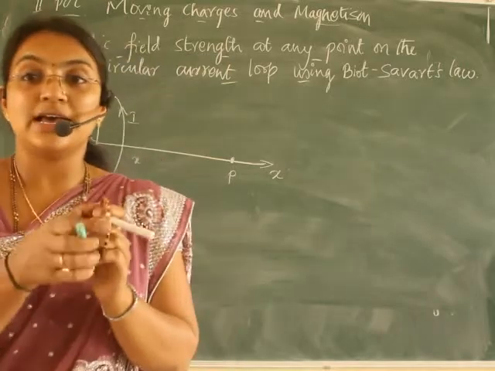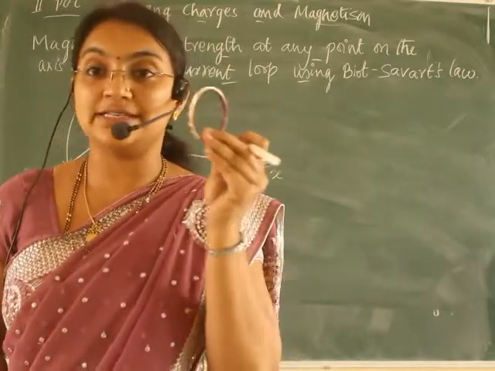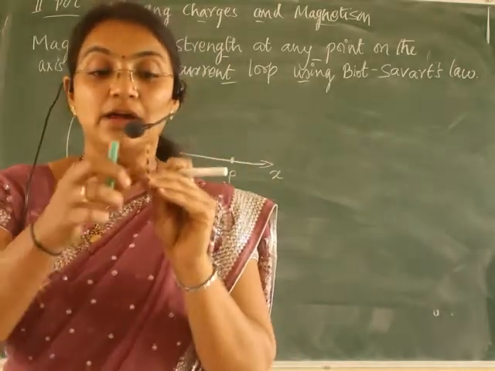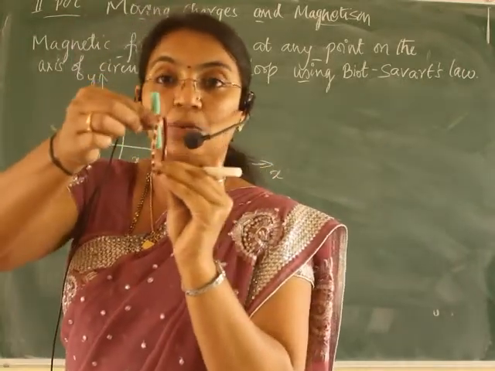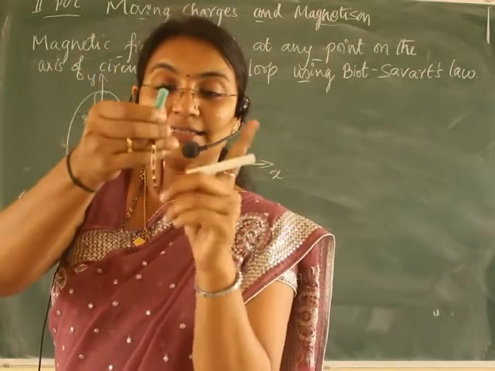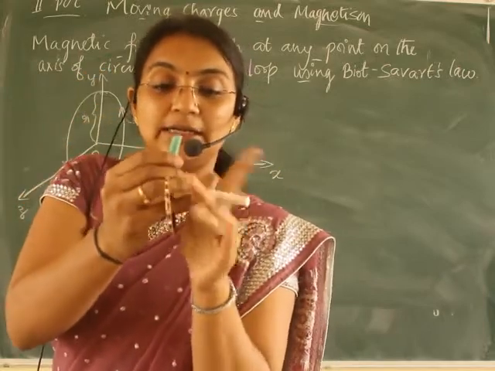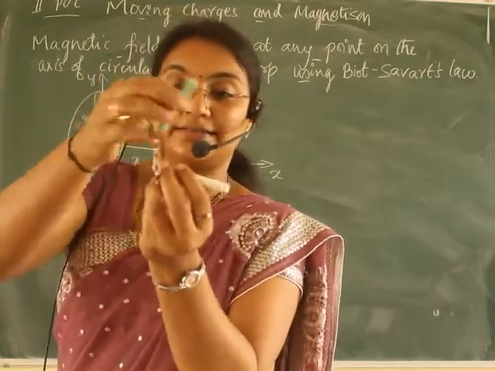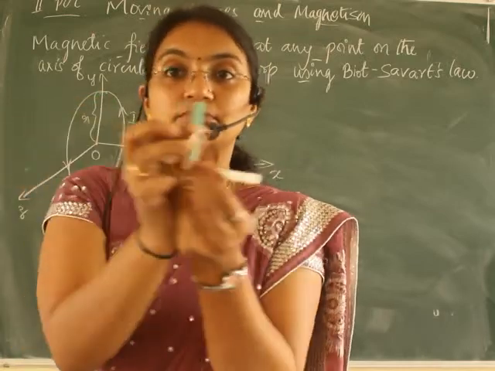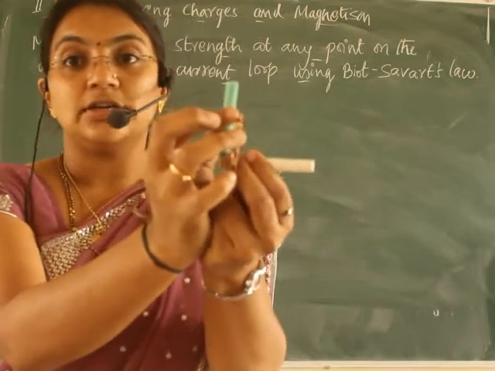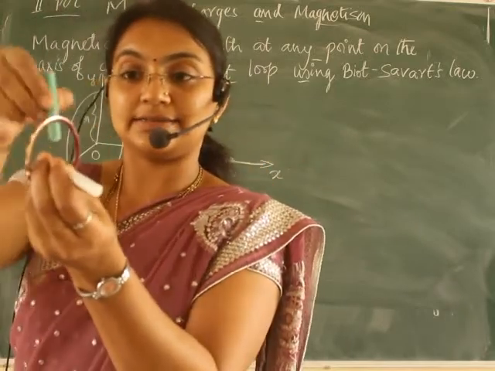Understood how it is? This is a circular loop which is carrying the current I. We are placing it here like this. Then this is nothing but y-axis, and from the center this is nothing but x-axis. Understood? X-axis and y-axis.